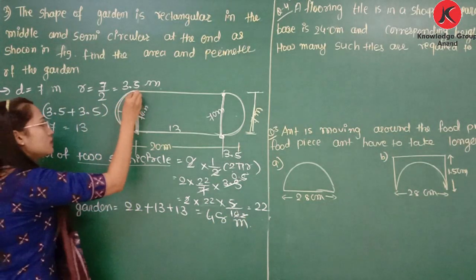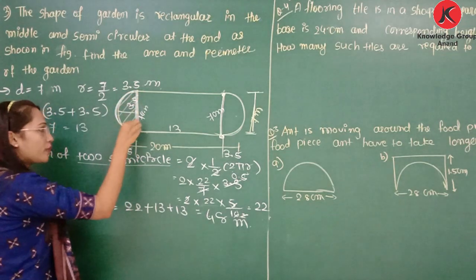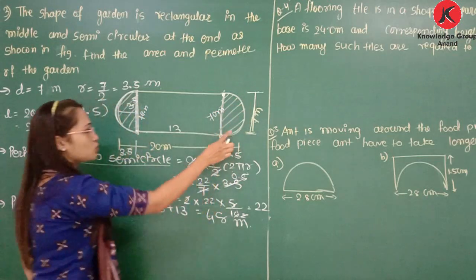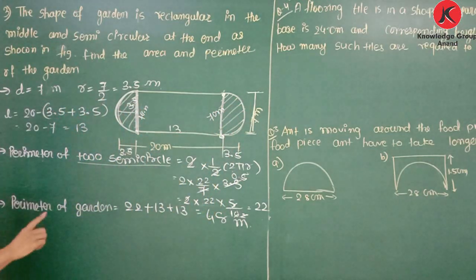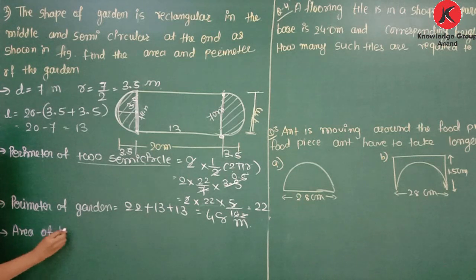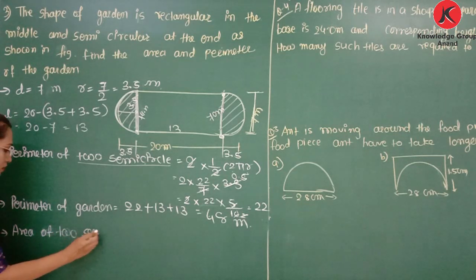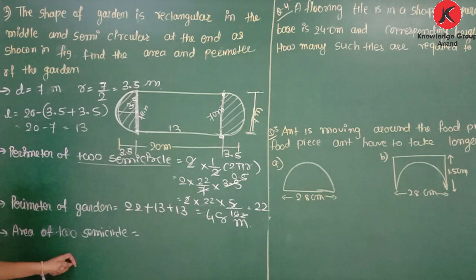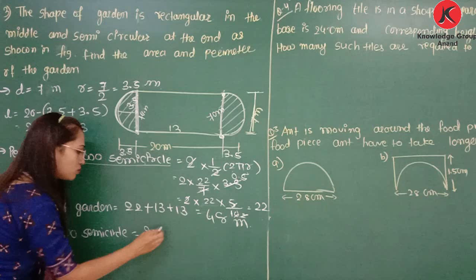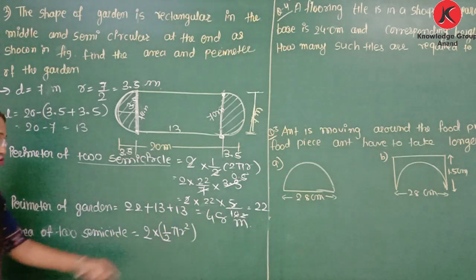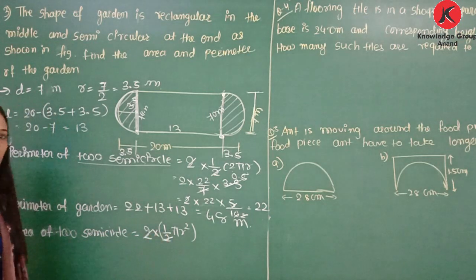Now area of the garden. So here this is the area occupied by the semicircle. This is the area occupied by the semicircle. Two semicircles mean a whole circle. So we will find the area of a circle. Area of two semicircles. Now again you can directly write it as pi r square, or you can write it as 1 by 2 pi r square. This is the area of a semicircle and for two semicircles we multiply it with 2, so nothing but pi r square.